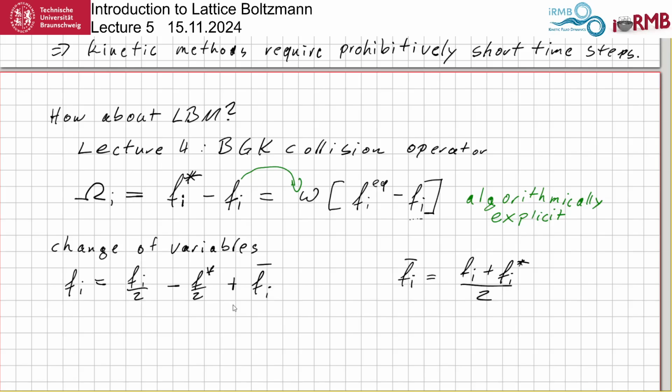We can rewrite this operator up here. This is now equal to omega Fi equilibrium minus, replacing this guy, the overbar version of it.